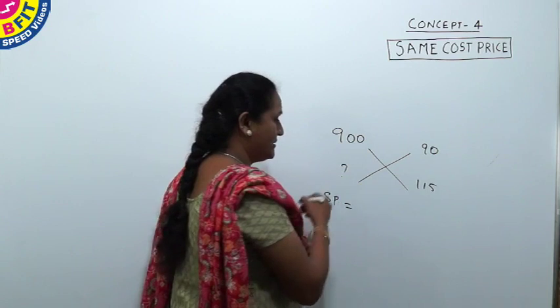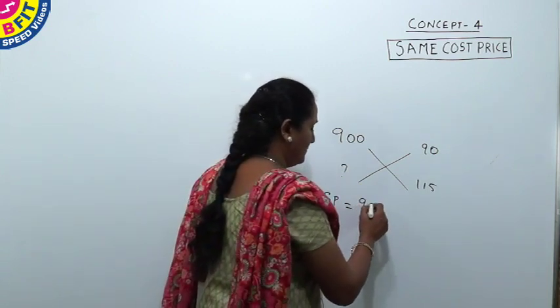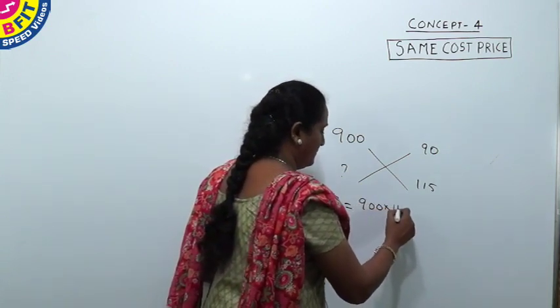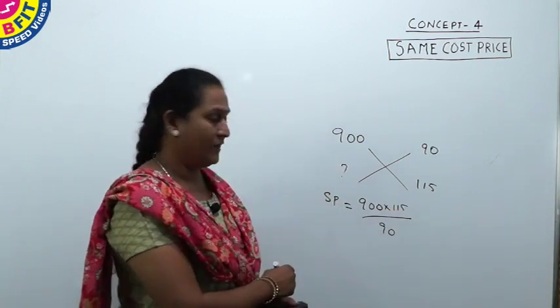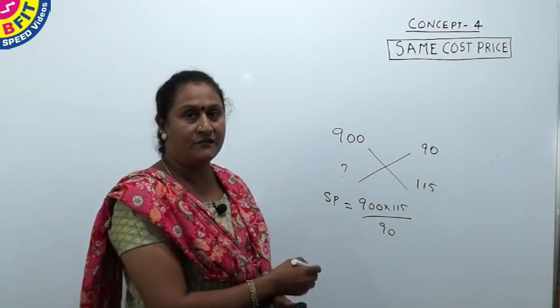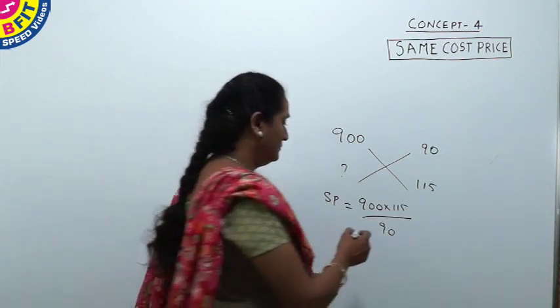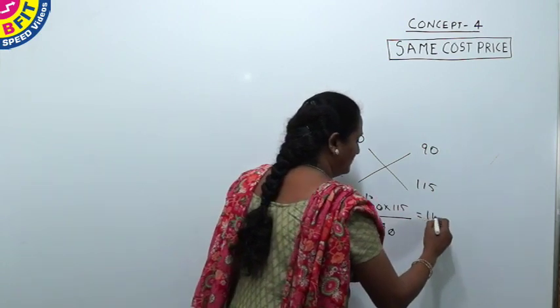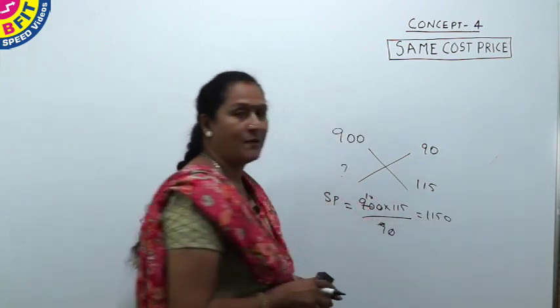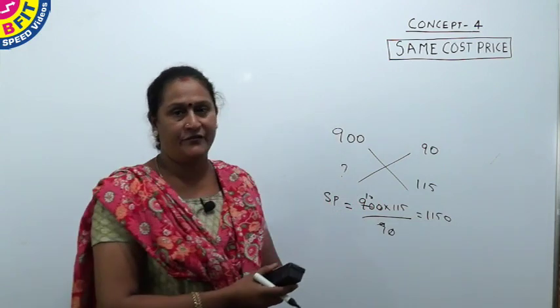So here the required selling price is... and now by simplifying, we can get the selling price which gives 15% profit. So the required selling price is 1150.